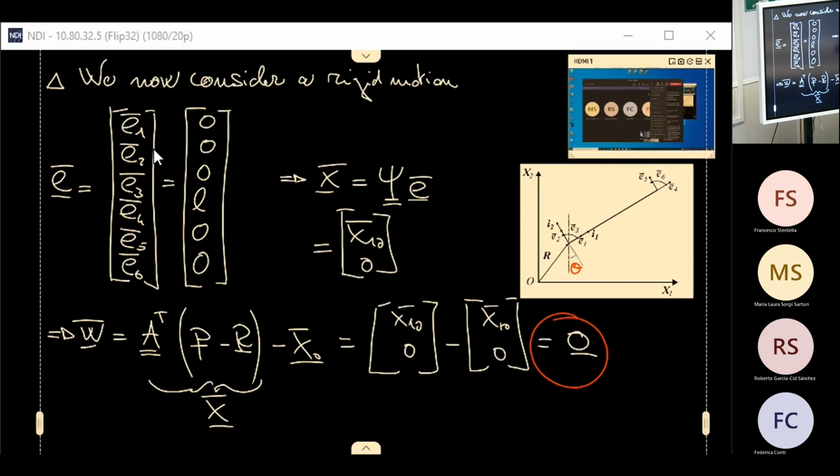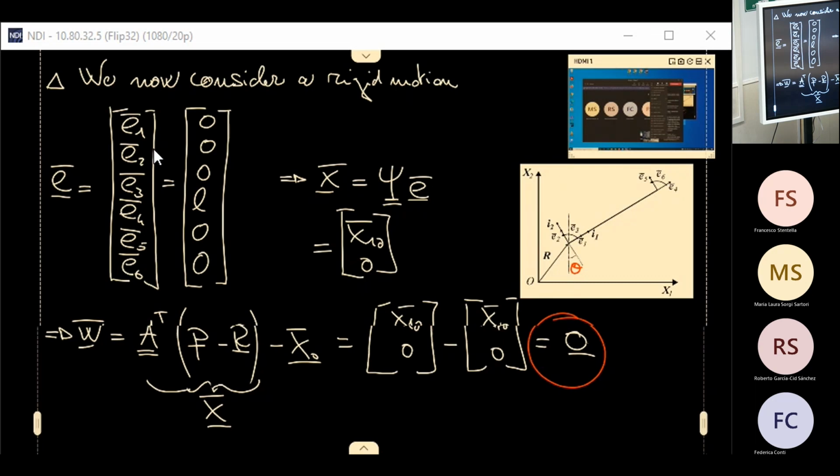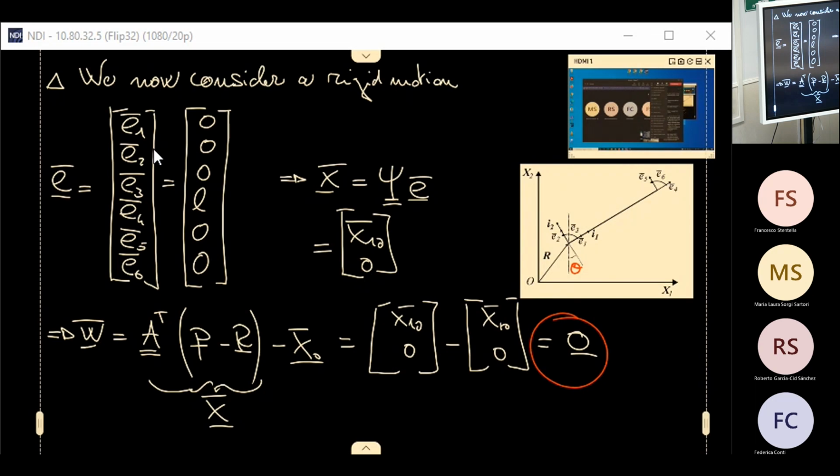In this case, instead, when I linearize the rotation, since I always stay over the element, I only linearize the part due to deformation. And that's why when I have no deformation, like in this case of rigid motion, I do not make any approximation, any mistake in the expression of the strain energy.